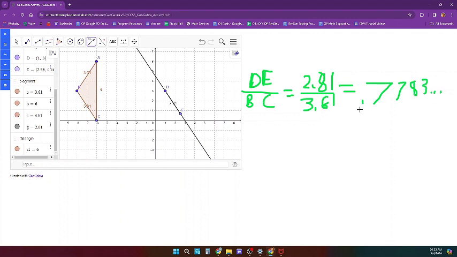And we're going to multiply this ratio by our remaining sides, that being AB and AC. Now, AB, luckily enough, is equal to BC, so our side length is going to be equal to DE. So AB is also going to be equal to 2.81.